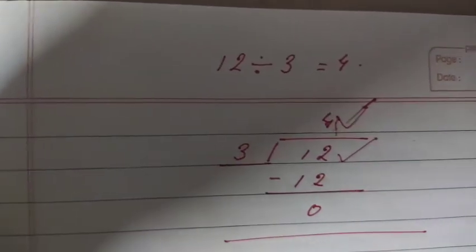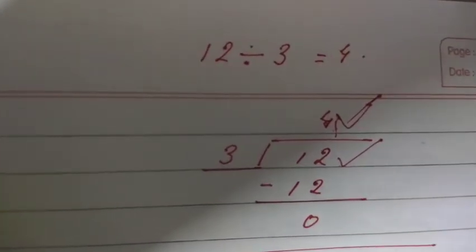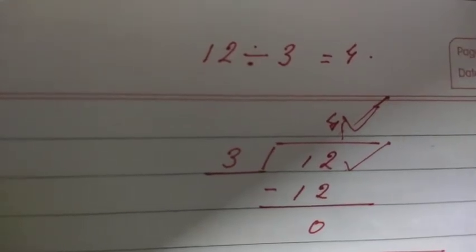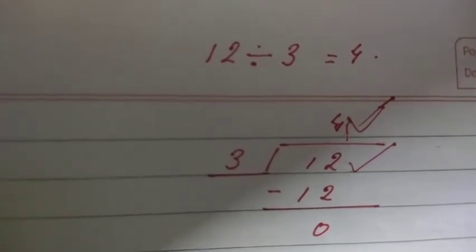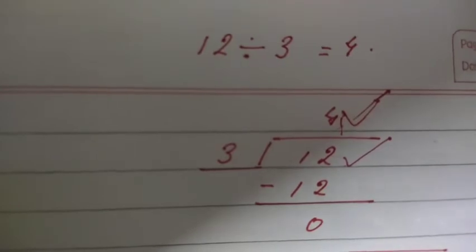If you can remember this, it will help you. Here 12 is the dividend, 3 is the divisor, 4 is the quotient, and 0 is the remainder.